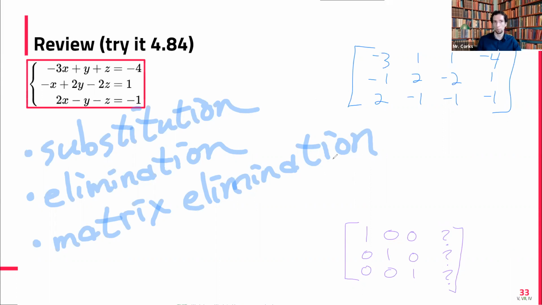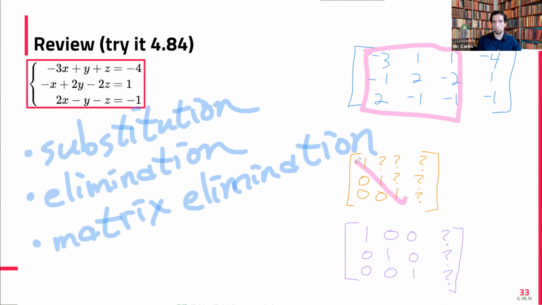To get zeros in the left bottom corner, that triangle form: 1, 1, 1, 0, 0, 0, and then some values here. So we start with the box shape, lots of values, then we go to this upper triangular form, and then we go down to just the main diagonal. That's the process.